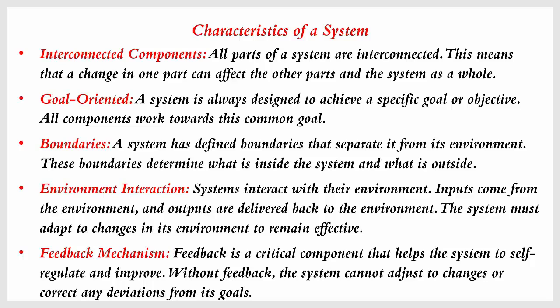Inputs come from the environment, and outputs are delivered back to the environment. The system must adapt to changes in its environment to remain effective. Feedback mechanism. Feedback is a critical component that helps the system to self-regulate and improve. Without feedback, the system cannot adjust to changes or correct any deviations from its goals.